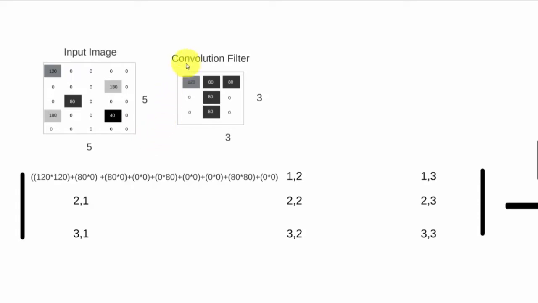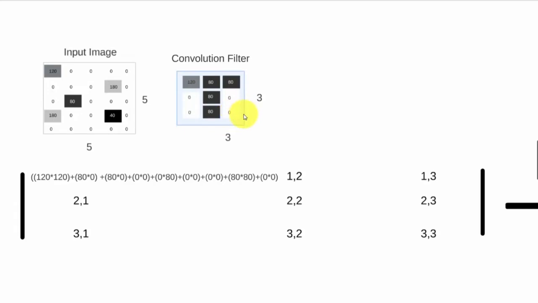Now the concept of the convolution filter is that we want to identify features. Let's say that we want to identify the letters A through Z, and this specific filter is trying to pick up the letter T, T for tango.